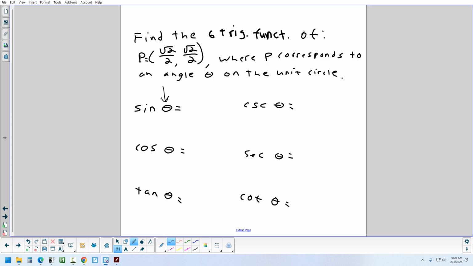All right. So let's start with the sine. Jada, what's going to be my sine of the angle represented by that coordinate?